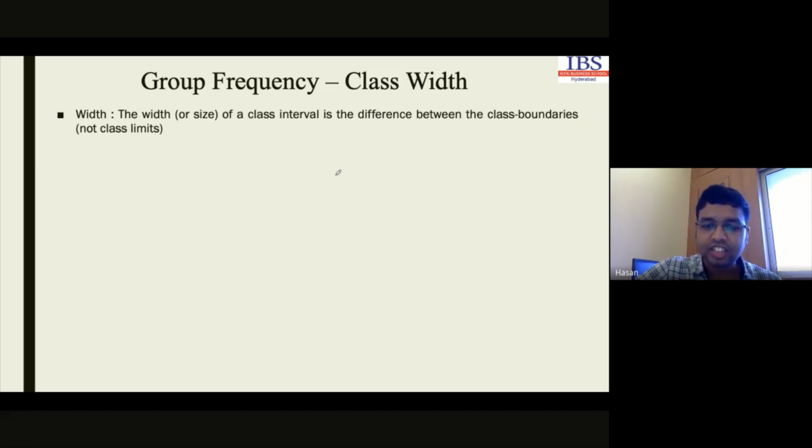For the first class, we have decided the class boundary is 15.5 and 20.5. So what will be the class width here? 20.5 minus 15.5. This is the difference, not the class limit. Difference between the class boundaries.